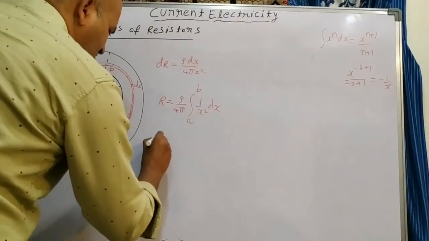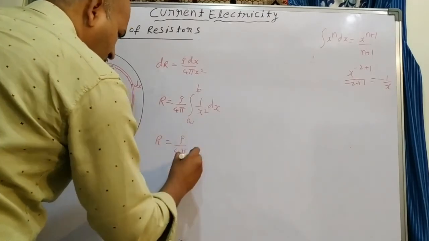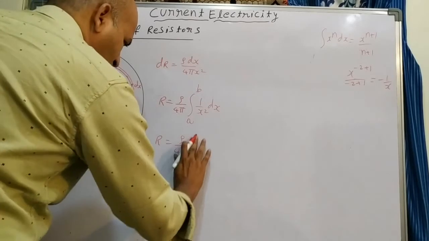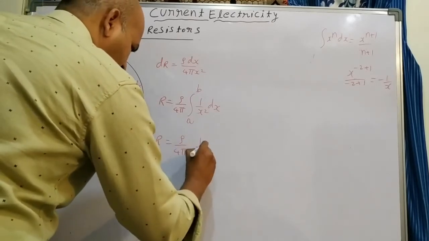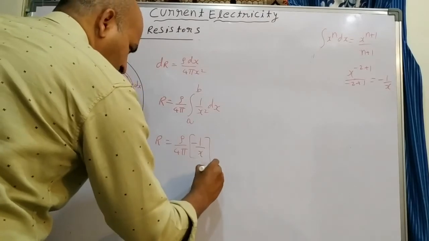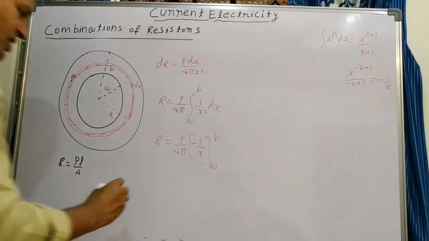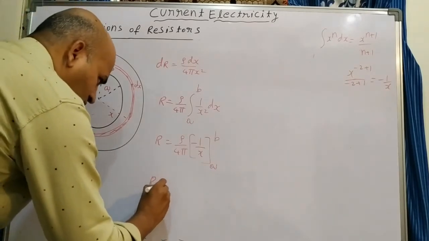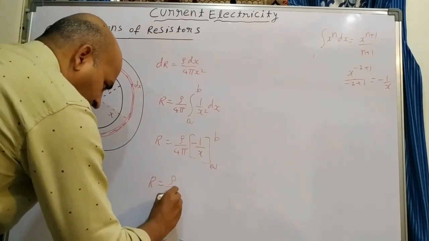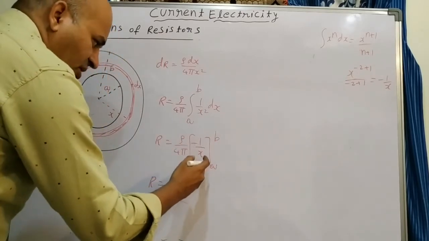That we can write, R is equal to rho by 4 pi, here integration gone, minus 1 by x, limits changing from A to B. First substitute the upper limit, then the lower limit. R is equal to rho by 4 pi, then what do you get?